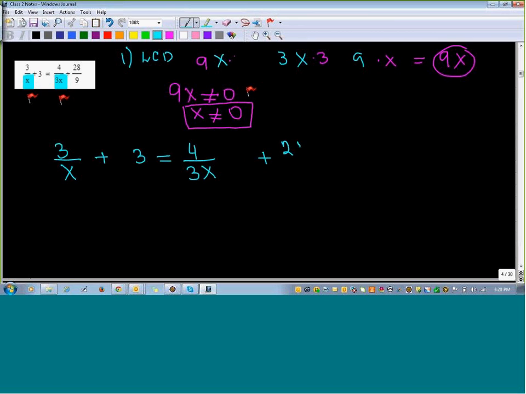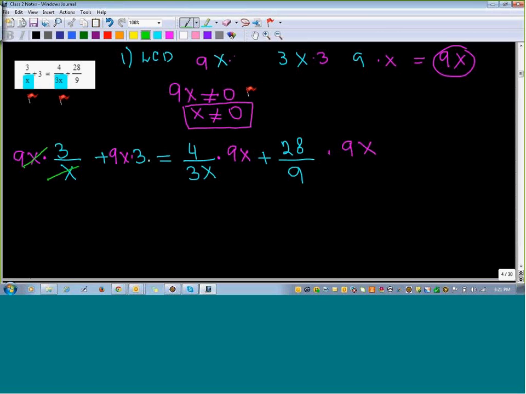Times 9x, times 9x, times 9x. See how simple this rational equation will become? The x's will cancel out here, right? Nothing cancels here. x cancels, and 3 goes into 9 3 times. 9 and 9 cancel. Let's read what we have.